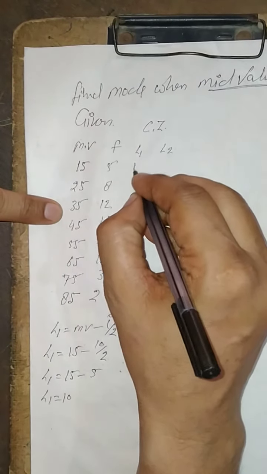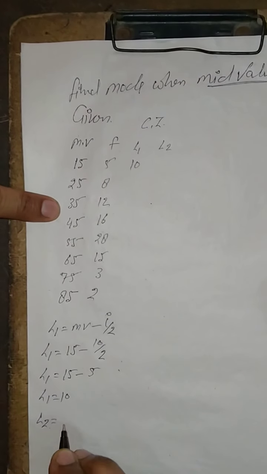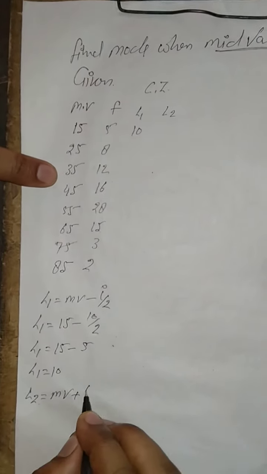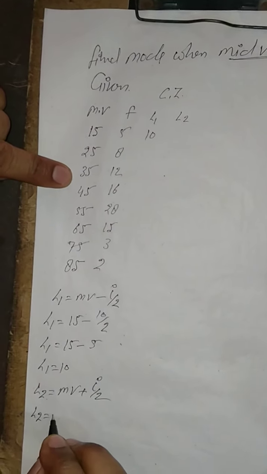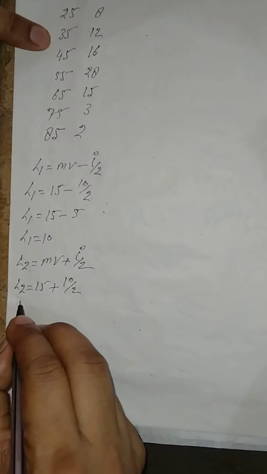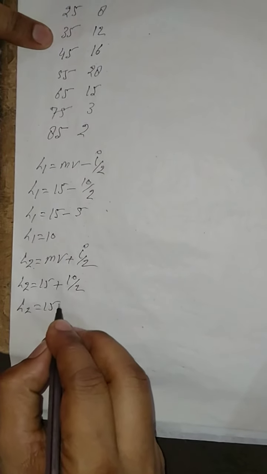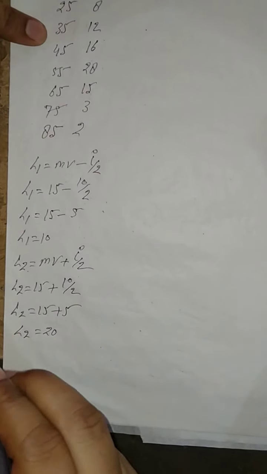So that's your 10. After that we will find L2, with the formula mid value plus I by 2. So L2 is equal to 15 plus 10 by 2, which is 15 plus 5. L2 is equal to 20.